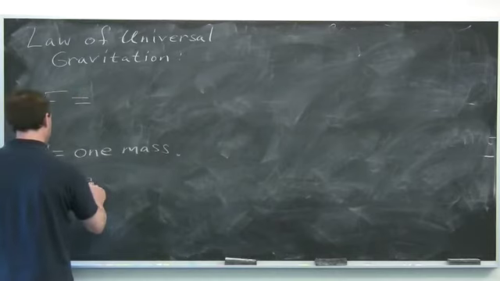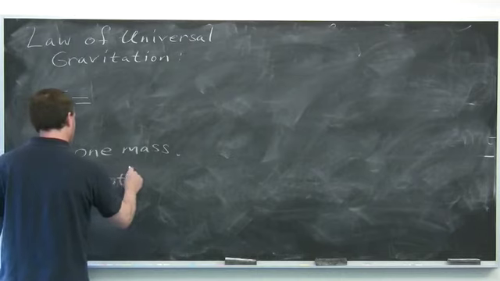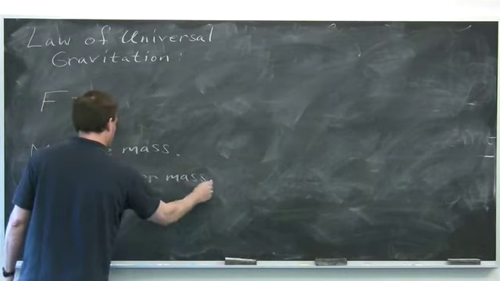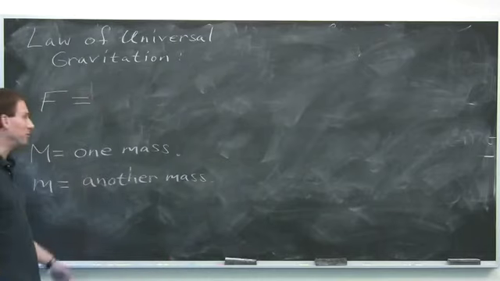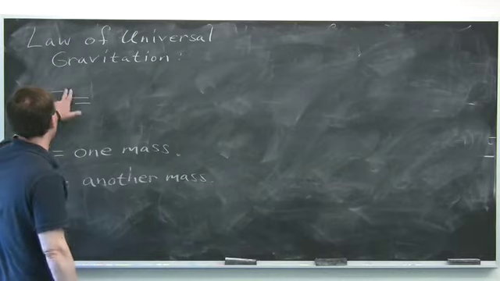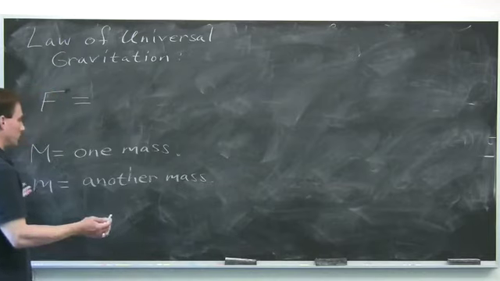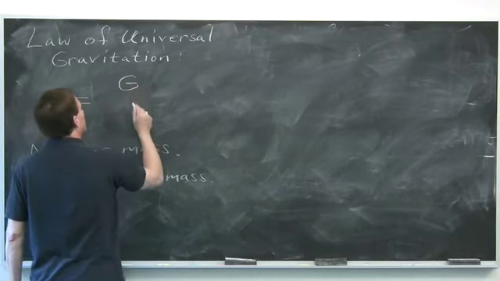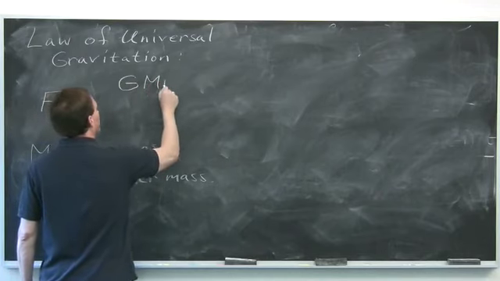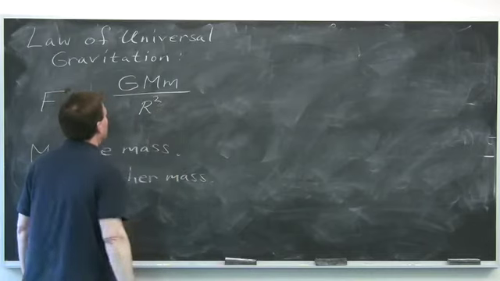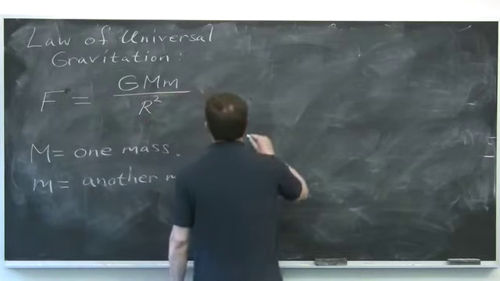And then you've got another mass, so another object that has some mass, usually something smaller than a planet, but they could both be planets or stars. The force of gravity between the two masses is some universal constant, the universal gravitational constant, times M times m, divided by r squared. So let me write what everything is.